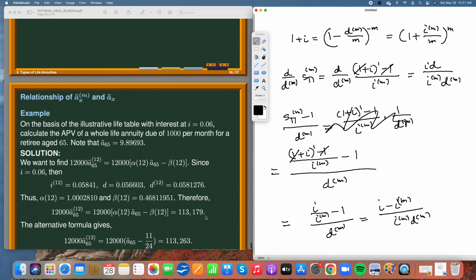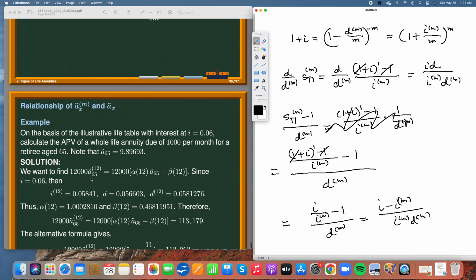Okay? If we use the UDD assumption, this is going to be equal to the following. So we need to compute alpha of 12 and beta of 12.